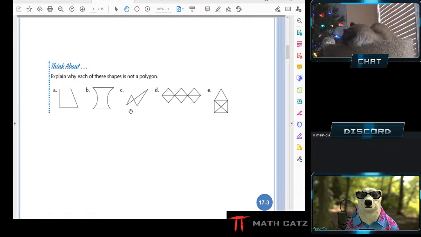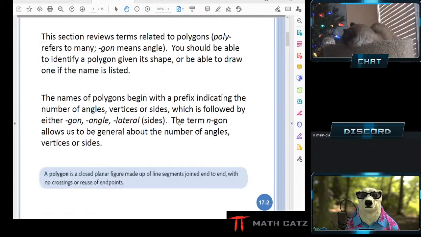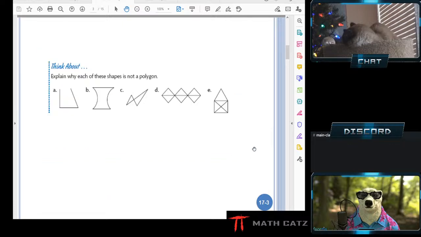In C, it's not a polygon. For one, you can maybe see it as 4 points, the 2 left ones and the 2 right ones, and the line segments in the middle cross each other, and that's not allowed. No crossing, no reuse of endpoints. Even if you see that middle crossing as a new point, now it's used too many times.